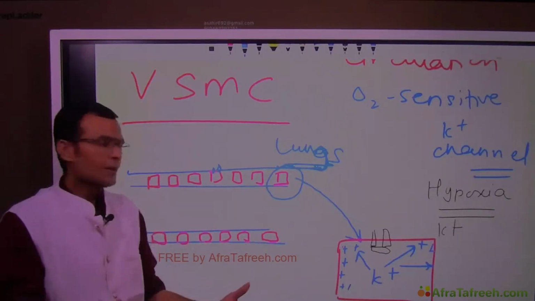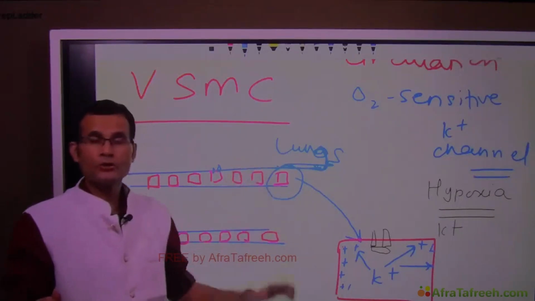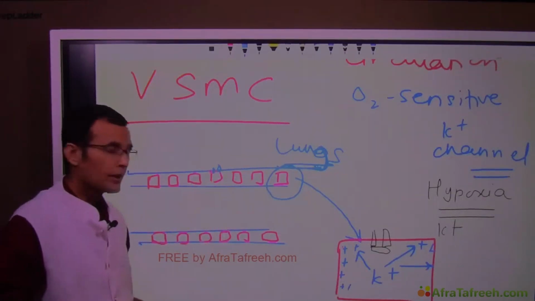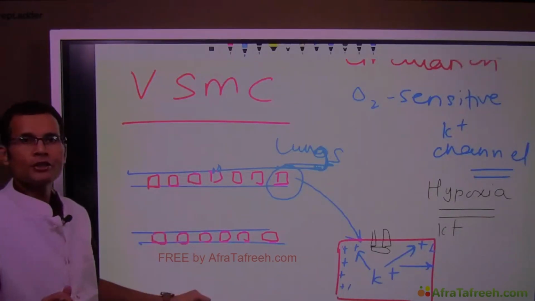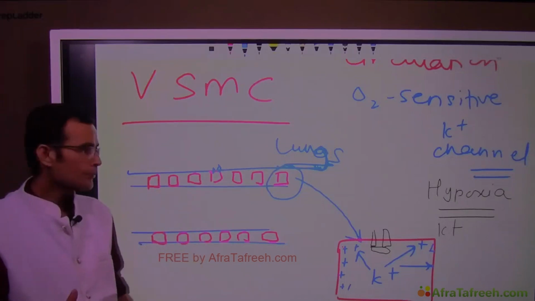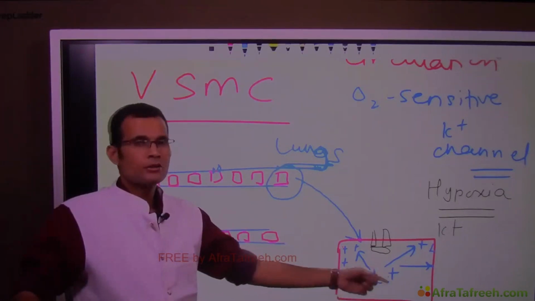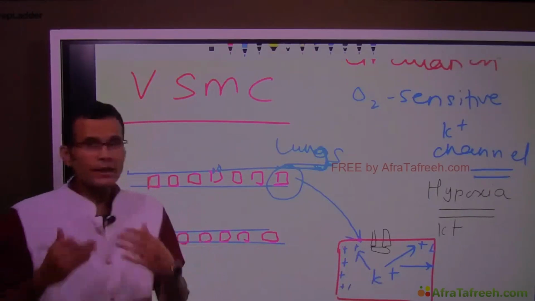Which means this cell will contract. The smooth muscle cell will contract. The smooth muscle fiber will contract. Which means there will be vasoconstriction. You know, vasoconstriction happens when the smooth muscle cells contract. Here is the reason why smooth muscle will contract, because of the hypoxia in the case of lungs.